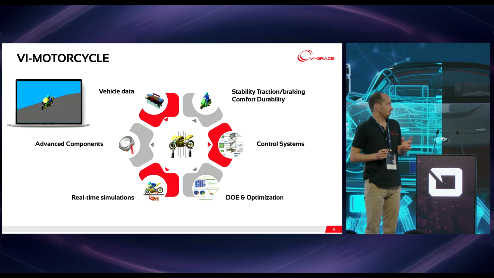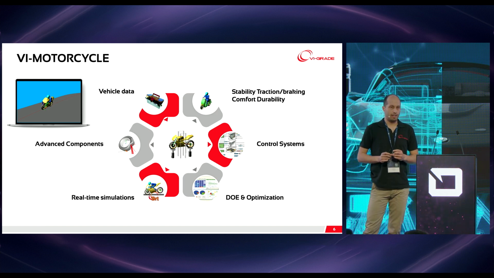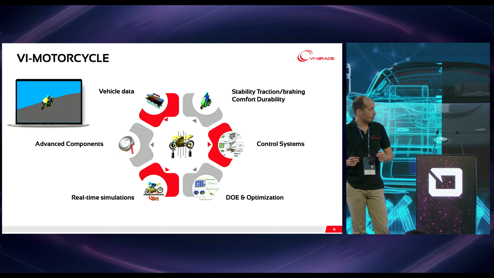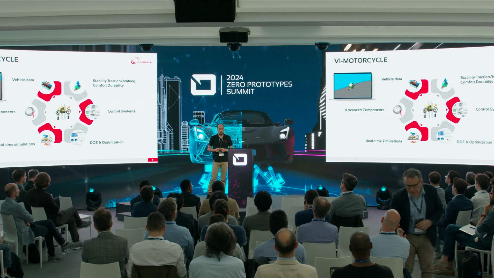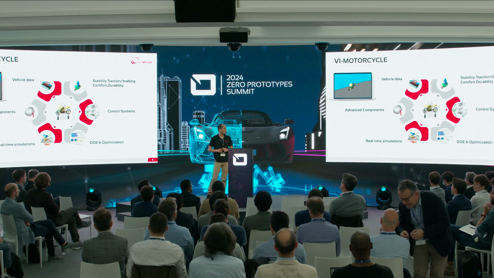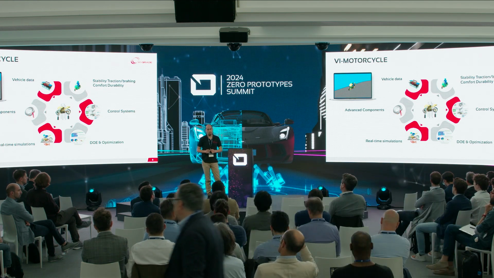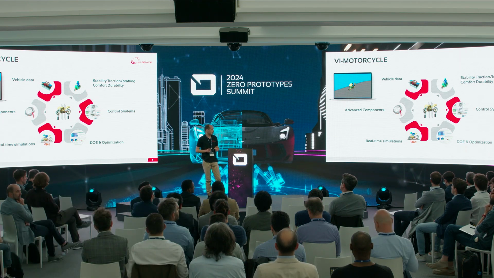With this model, you can start running simulations. Of course, the process is not straightforward or single-way: you start with a starting model that you can use to run simulations, and then you increase the complexity of the model, adding, for example, control systems and advanced components, like, for example, entering our physical tire.